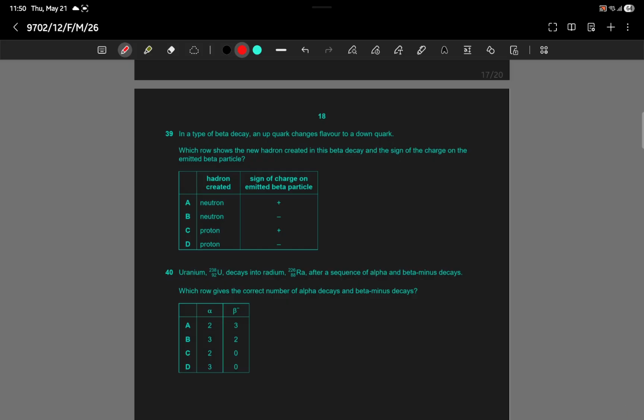In a type of beta decay, an up quark changes flavor to a down quark because a proton becomes a neutron in a beta decay, which means that this is a beta plus decay. Right. It goes up to down. Proton to neutron.